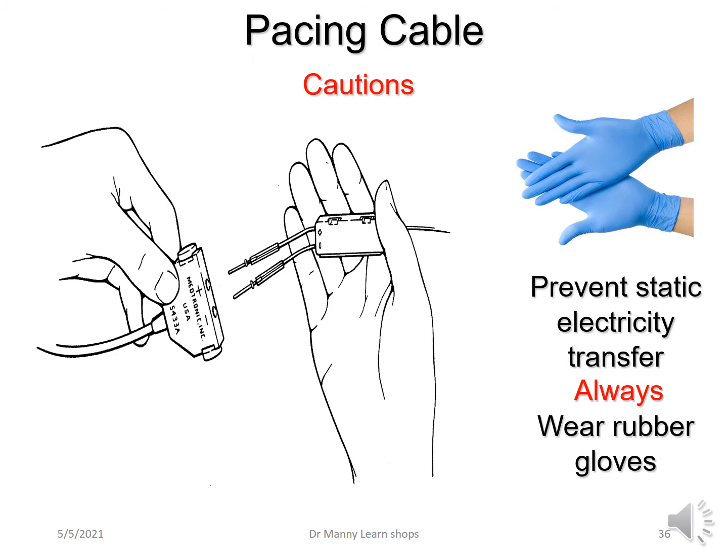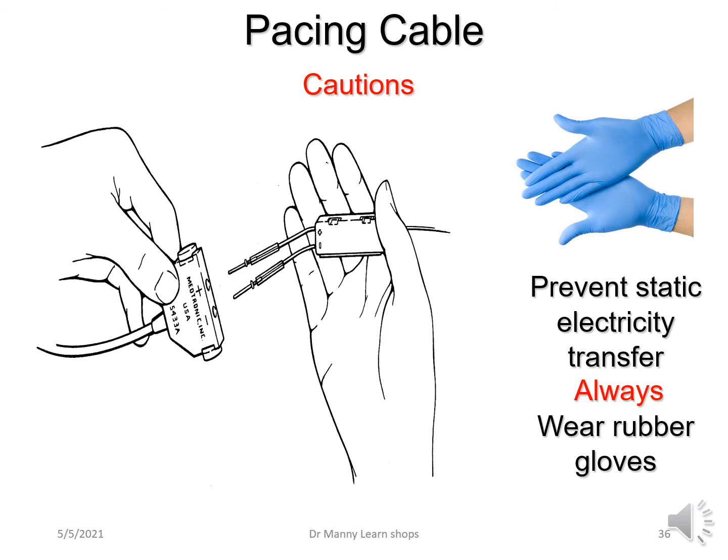When handling the pacing wire or electrode and the pacing cable, there are certain cautions that we should be aware of. And we should always wear rubber gloves to prevent static electricity, which can be transferred from your hands to the cable, which is connected to the inside of the heart.